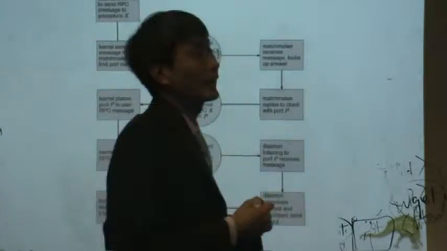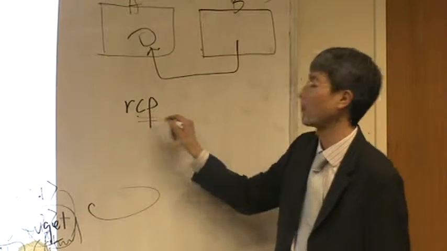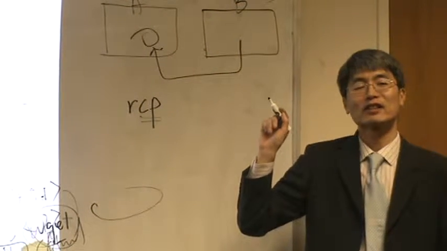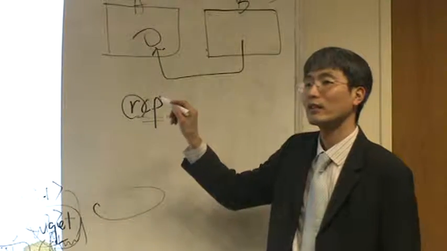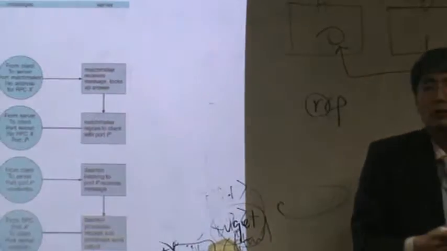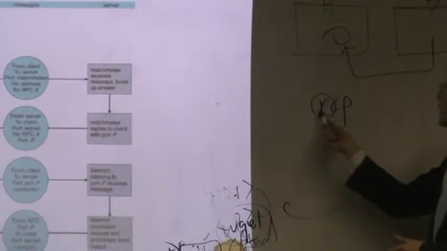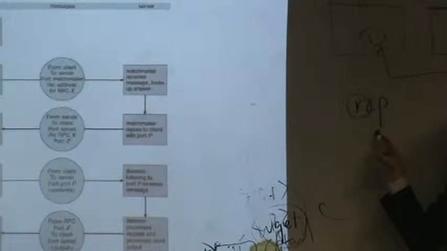For example, in Unix, you probably see the rcp command. What is rcp? It's a remote copy of a file. Since rcp is based on the RPC procedure, remotely you can copy the file. To do that, you cannot directly use it in any operating system.